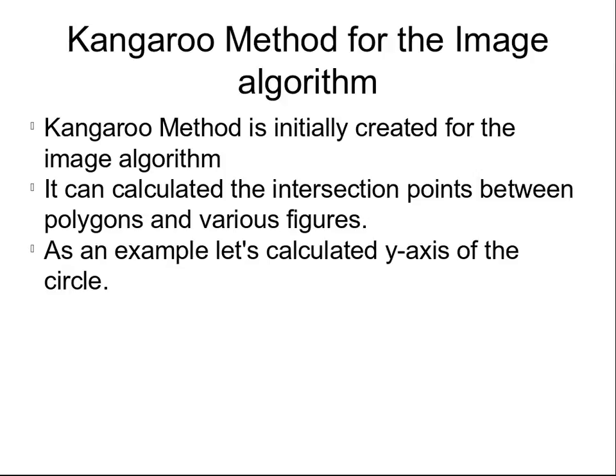Let's move to another example. The kangaroo method was initially created for image algorithms, so it can calculate the intersection points between polygons and various figures. As an example, let's calculate the y-axis intersection of the circle.